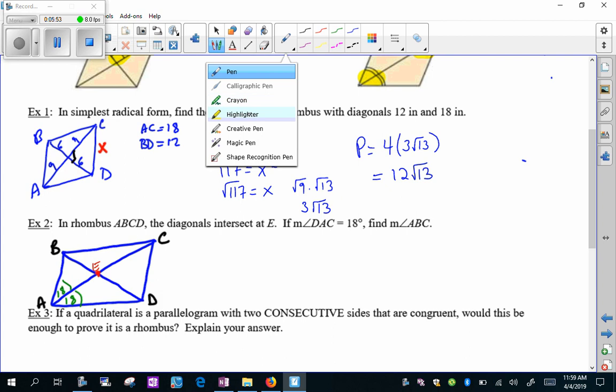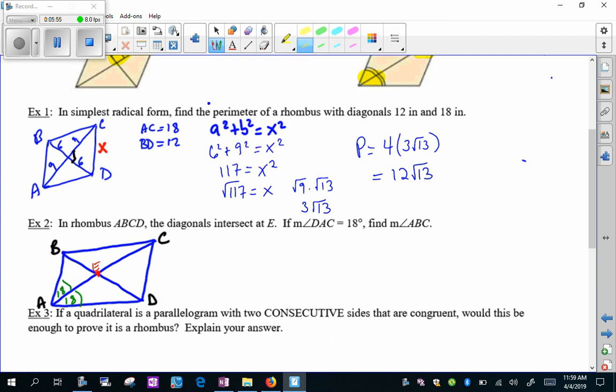So let me get a little highlighter going. So that's ABC. This is what I want to find out. Now, I filled in there that the other side, angle CAB, is 18 also, because of one of the properties: that diagonal bisects the angle.